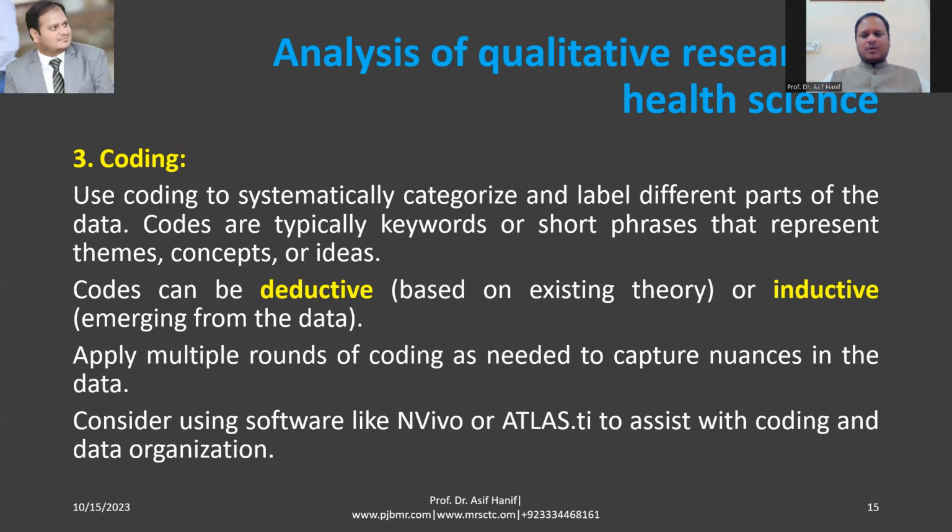For example, once you made the keywords, once you made the codes, you need to revisit them again and again until you make the final themes or final analysis of the perceptions. Consider using software like NVivo or Atlas.ti, as I told you, to assist with coding and data organization. Once you code and organize, this software can help you in analysis.